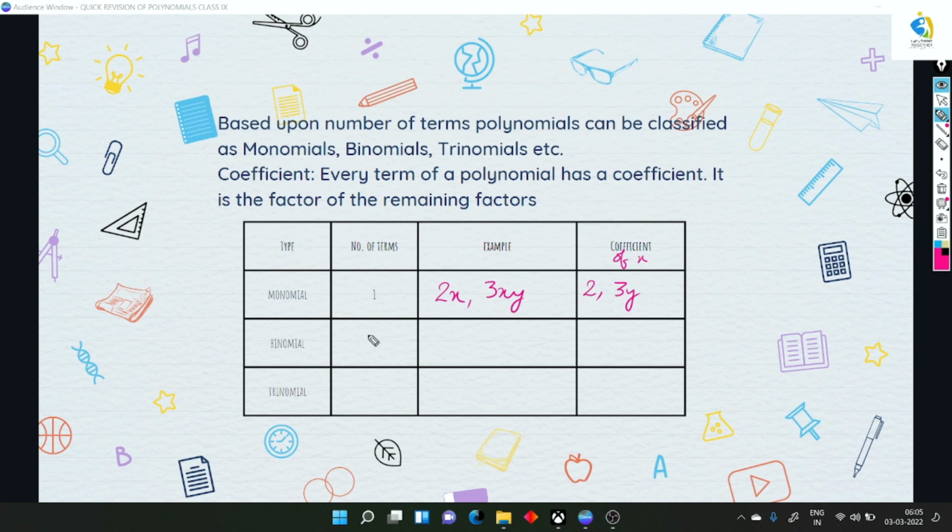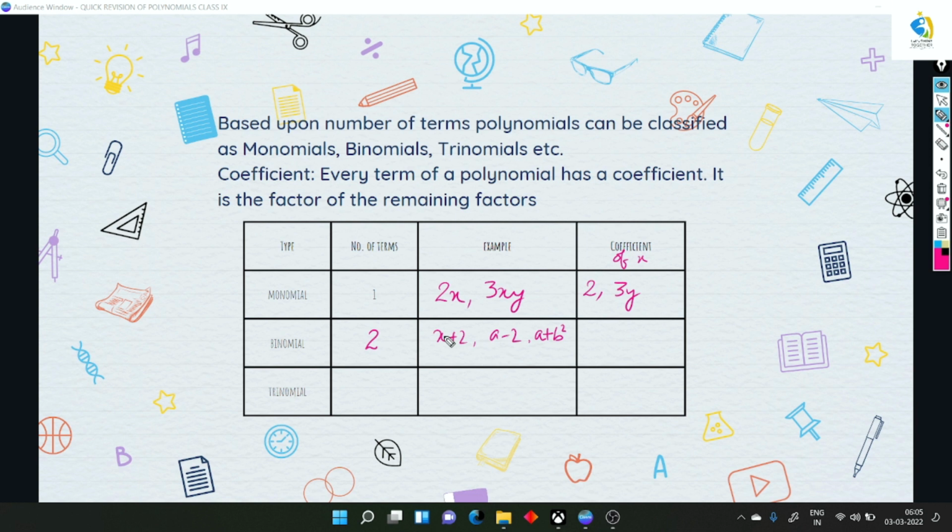Now if the number of terms is 2, that will be known as a binomial. It can be x plus 2, it can be a minus 2, it can be a plus b square, anything. The number of terms has to be 2.